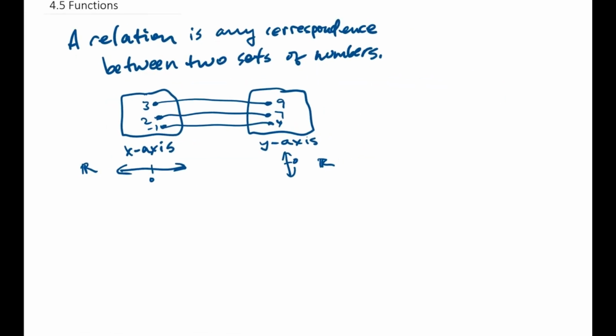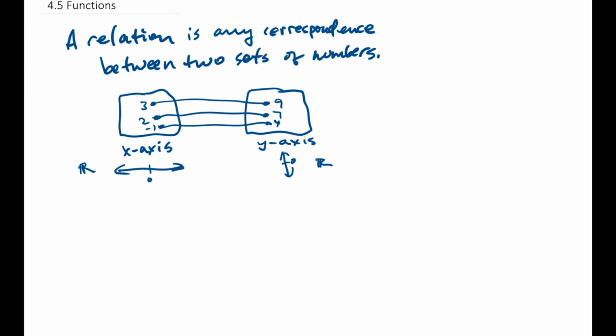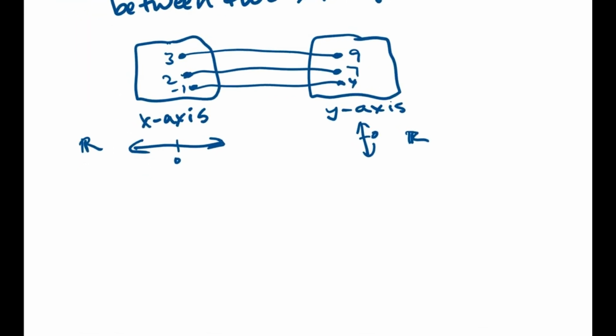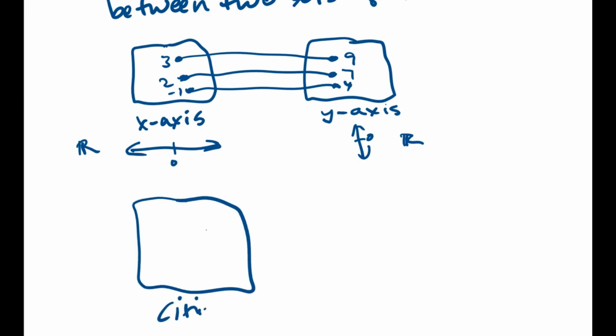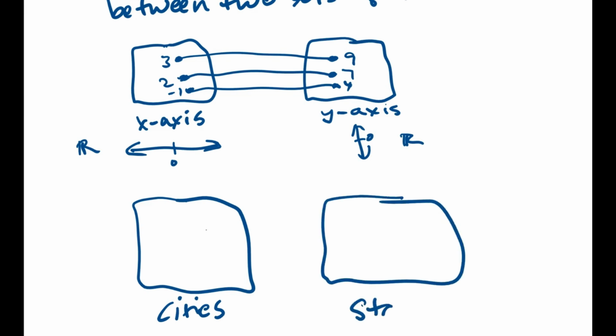So you could say, maybe a relation could be, for example, in one box could be, now let me make that a little bigger. One box could be some cities, and another box could be states.